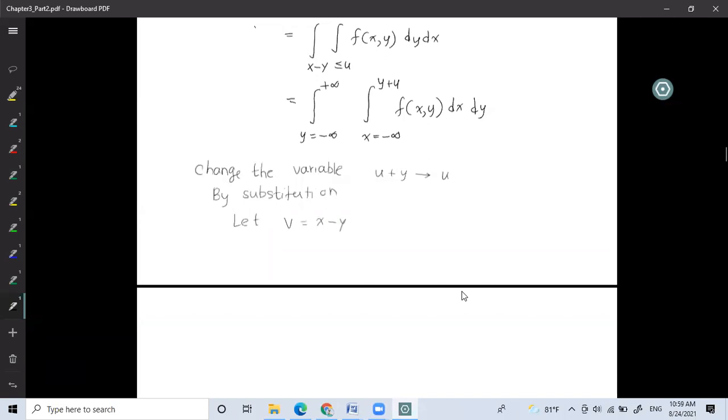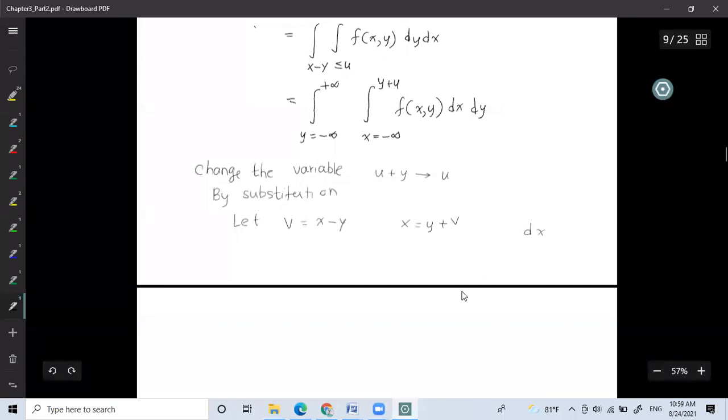So if we take v equals x minus y, our x will be y plus v, and the dx will be replaced by dv.